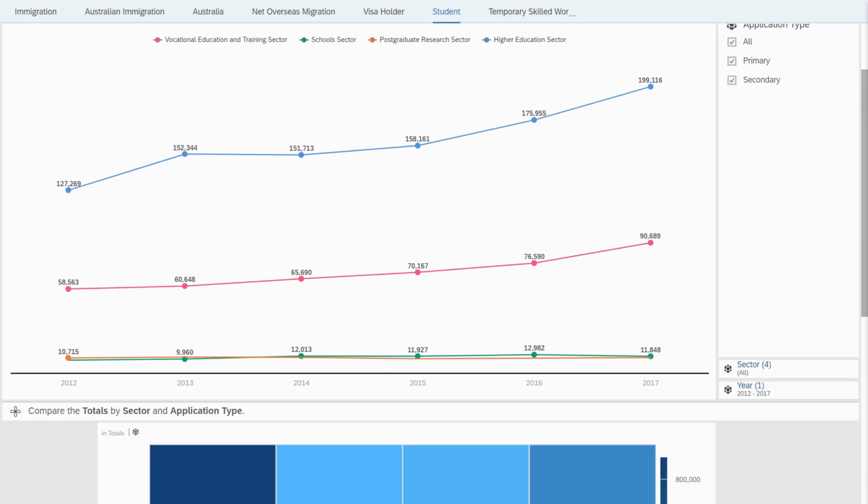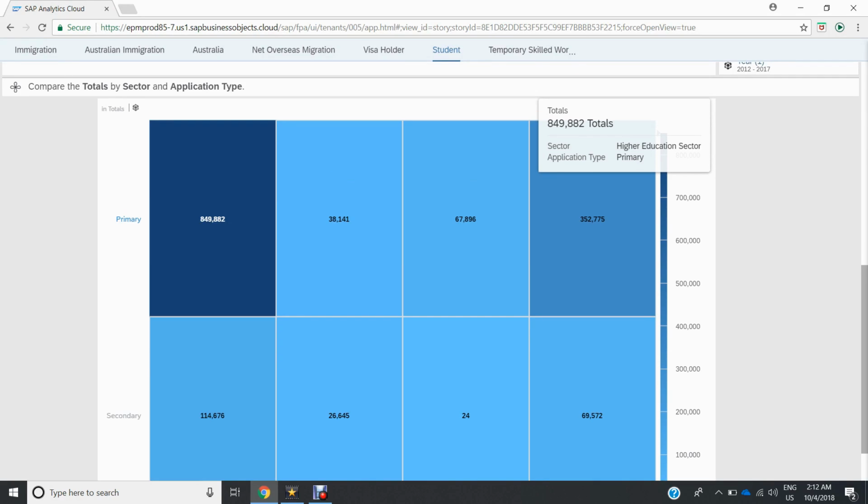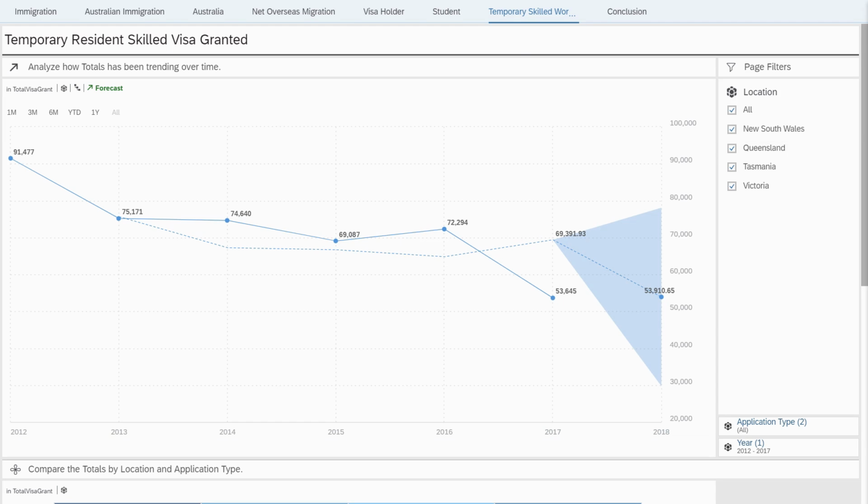In the second part, we can say that as per the numerical values, the secondary applicants have the lowest numerical value of 24, while it has the highest for primary applicants in the higher education sector with the value of 8,49,842.